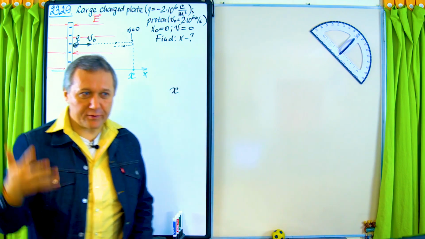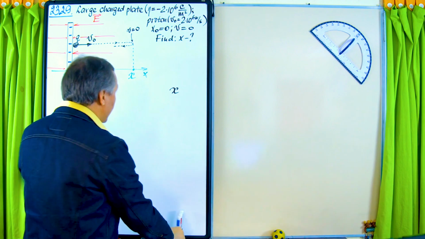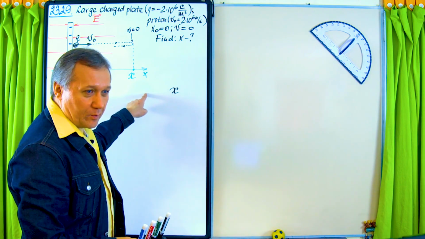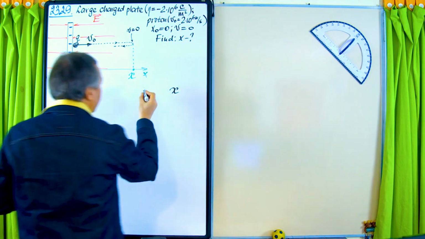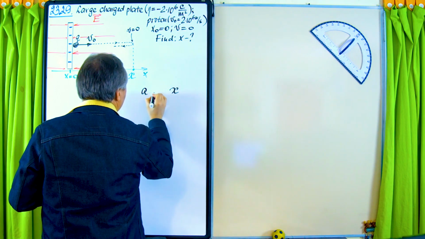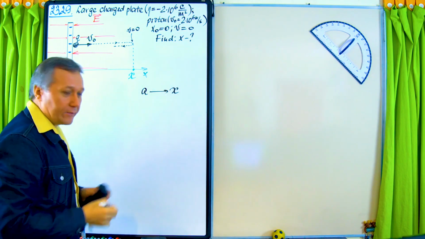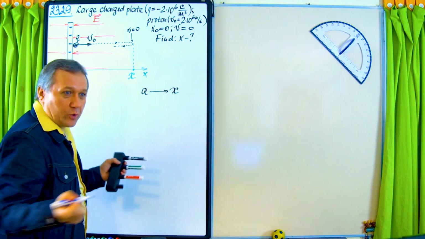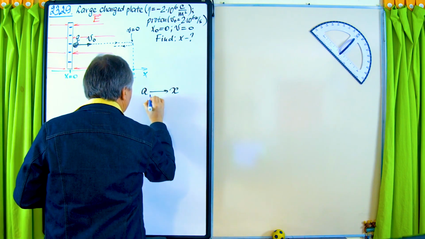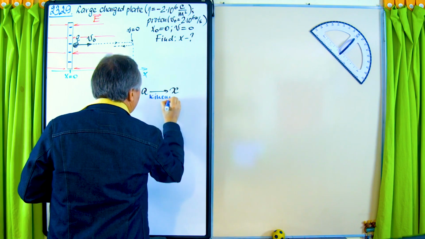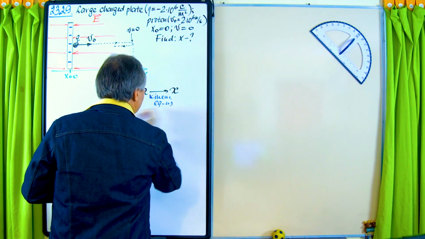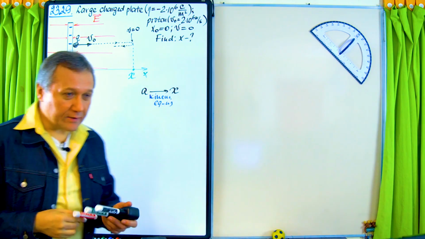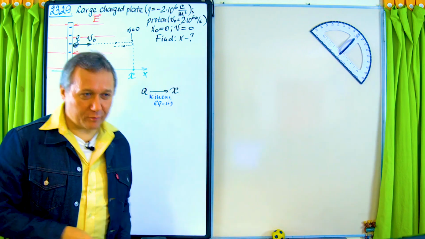So the previous point is that we have to find acceleration, and the equations connecting these two points are kinematic equations. Again, that's basically the final part of the problem.